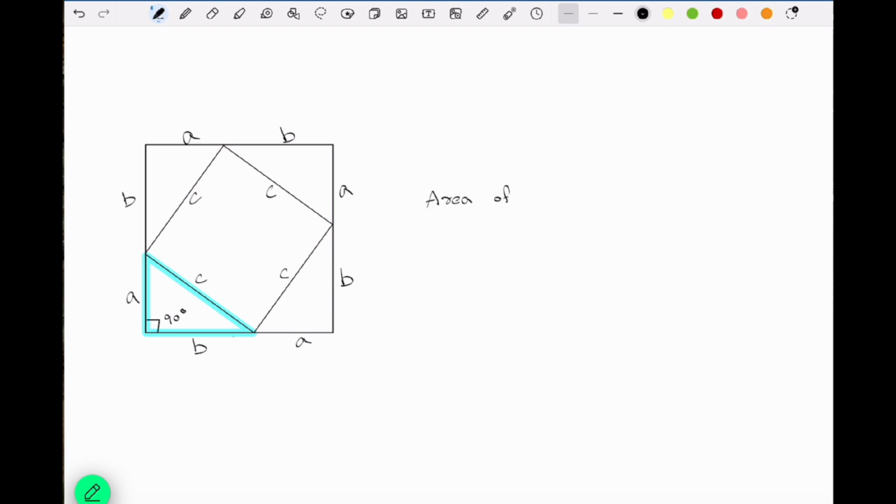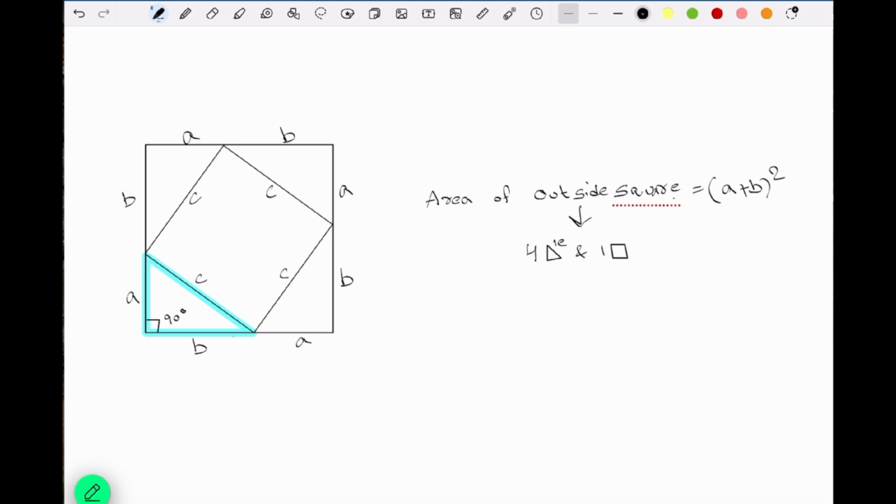Now the area of the outside square is equal to A plus B whole square, right? As the area of a square is S square, where S is the length of the side, and here the S is A plus B. Because of the internal square, the area of the external square is divided into four right angle triangles and one square.